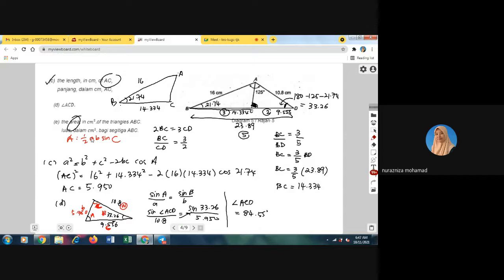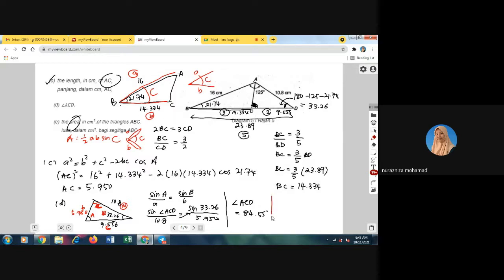Let's say I use this formula. Remember that this is A, this is B, and the angle here is C. It is always like this: A, B, C.